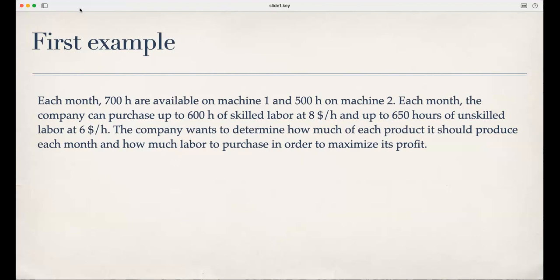Then the quantity, the amount of each product going to produce. And in order to maximize profit, because we have this keyword, that means our objective function should be maximize of the profit or minimize negative profit. It's the same thing, right?